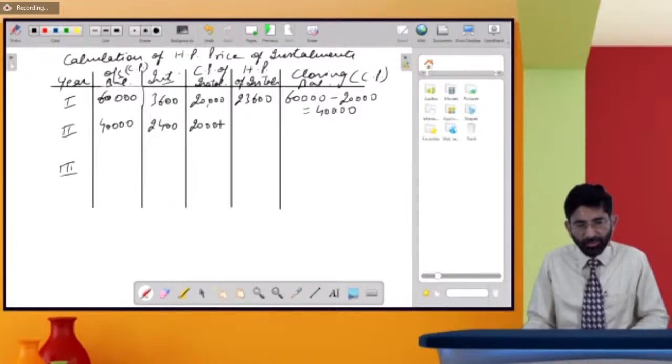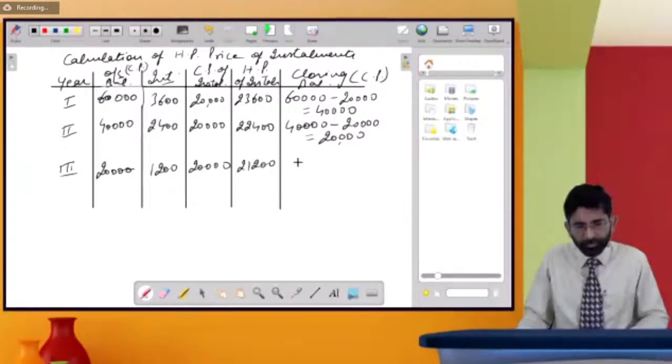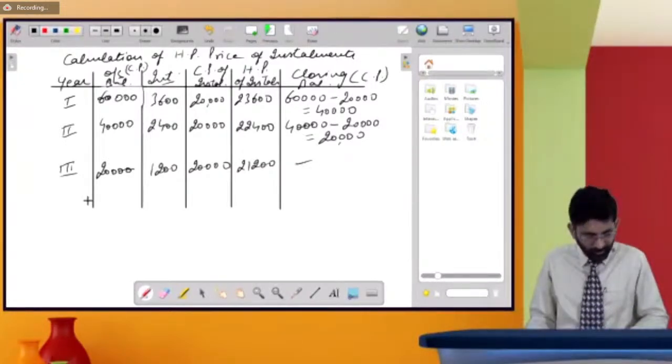CP is already given to you, 20,000. It will be 22,400. And now closing balance, opening balance minus CP of installment, and you can easily get the closing balance. Interest will be 1,200. So balance is nil. So this is the way how you will have to present it.